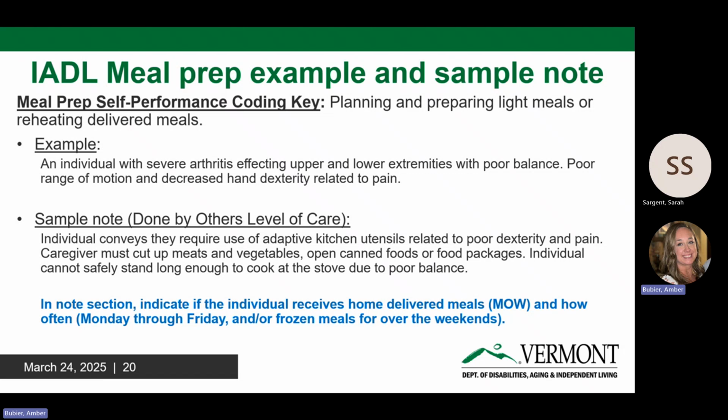So for this particular example, we're going to look at a note supporting done by others level of care. So the individual conveys that they require use of adaptive kitchen utensils related to poor dexterity and pain. The caregiver must cut up meats and vegetables, open canned foods or food packages. An individual cannot safely stand long enough to cook at the stove due to poor balance.